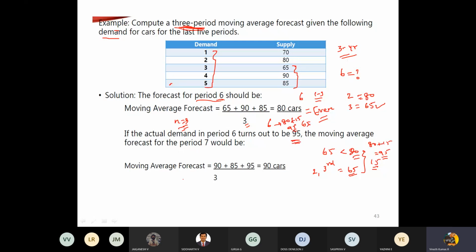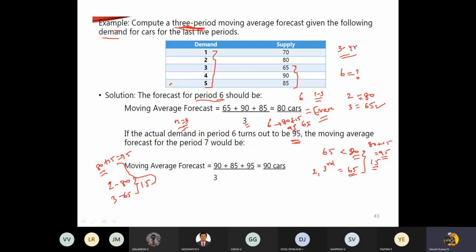Or you can remember it another way: what is the second value? It is 80, and the third value is 65. The value we find out must be beside these two values. But our value comes as 80, so the difference between these two is 15. Add this 15 over here: 80 plus 15 equals 95.